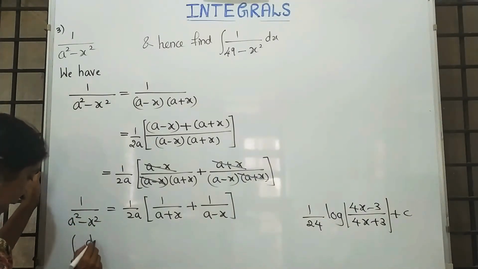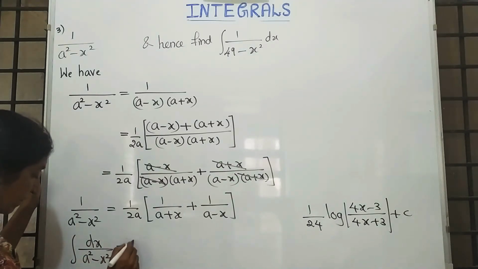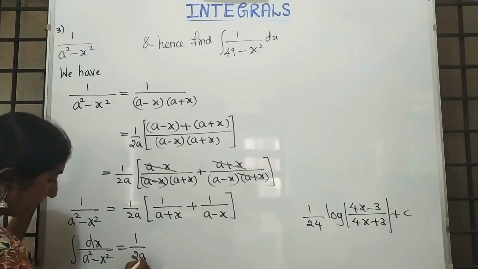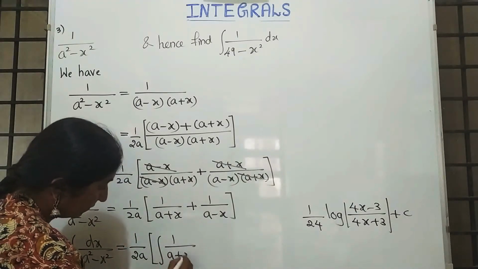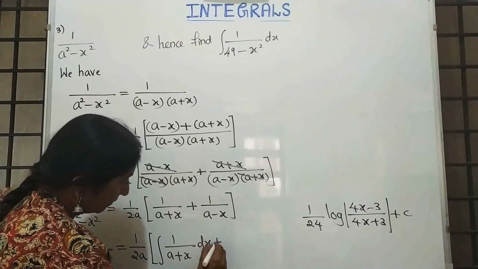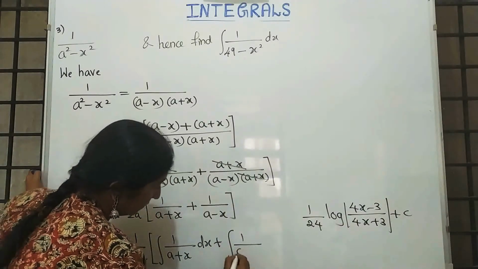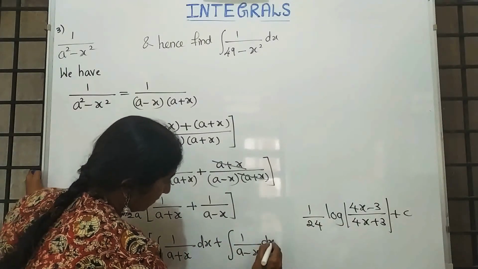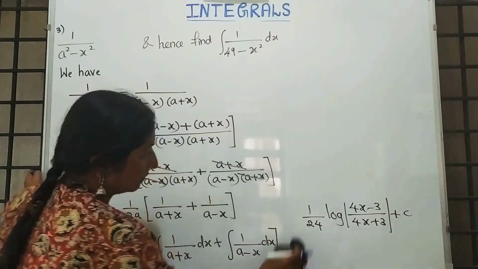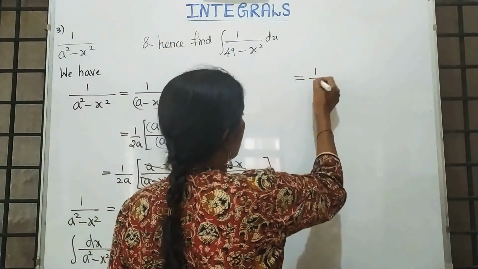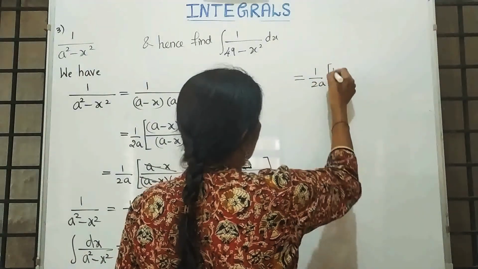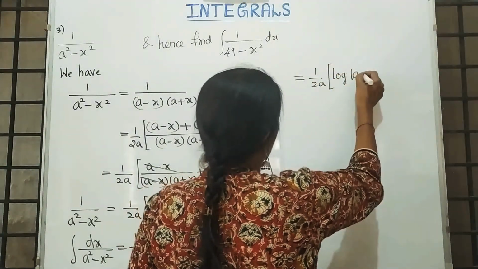Now integrate both the sides with respect to x. So 1 upon 2a in the bracket log of a plus x.